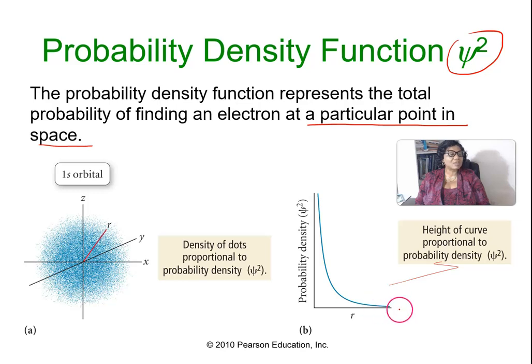So the further you go away from the nucleus, that's what this is showing, the probability density decreases. The probability of finding an electron far away from the nucleus decreases. So the shape of s orbitals is spherical.